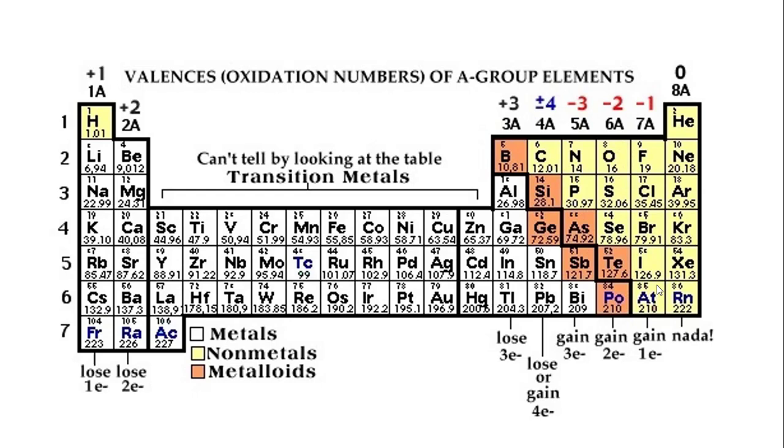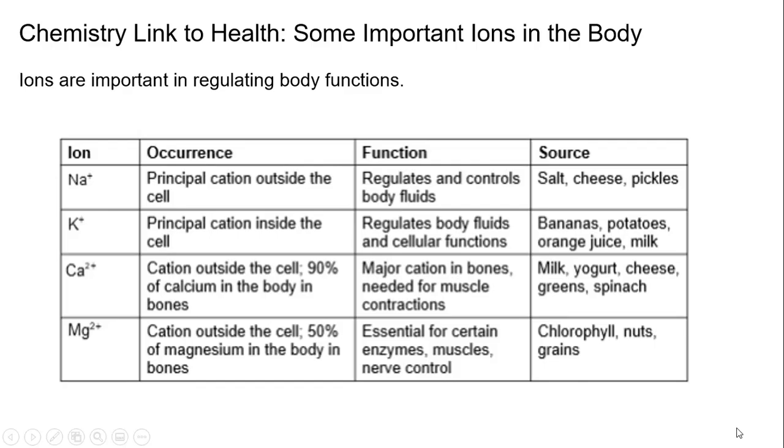He wouldn't be able to do that during a test, but during studying, this could help him. So if this doesn't make sense to you, get a periodic table and write all this information out. Write it out, because writing it out helps you understand and retain it. And the word nada here means that nothing's going to happen to this one because it already has 8. That's all. So nothing.